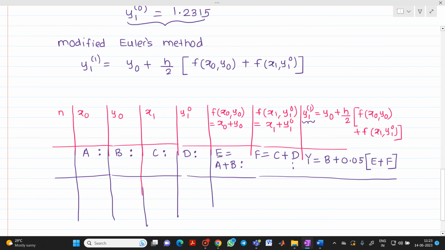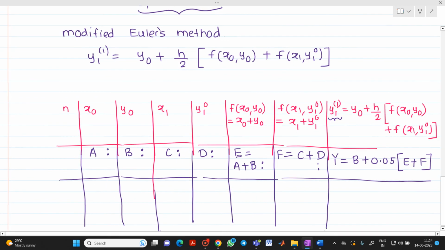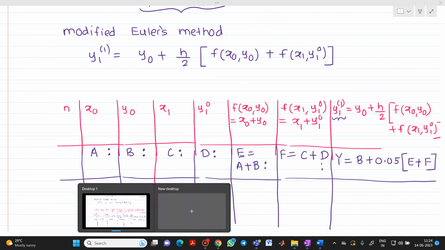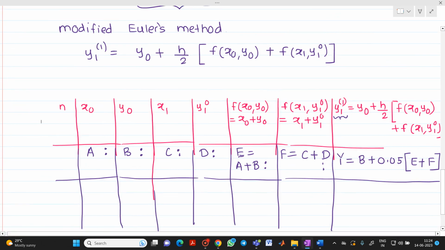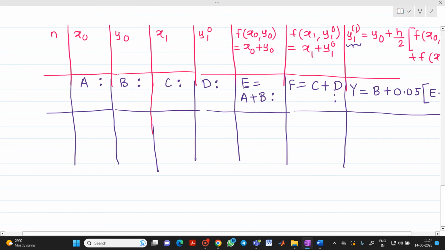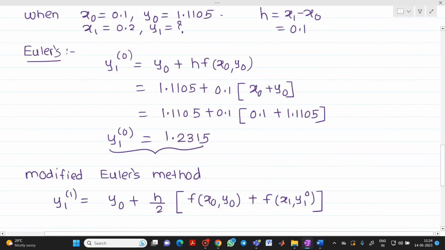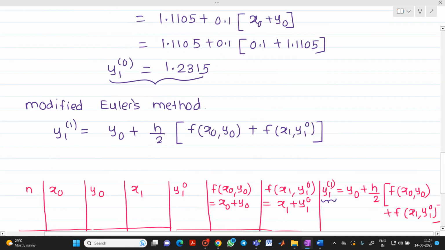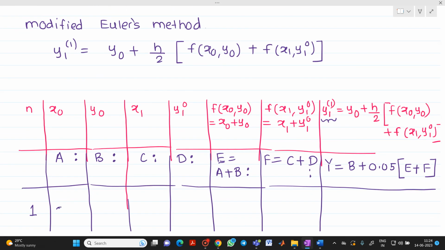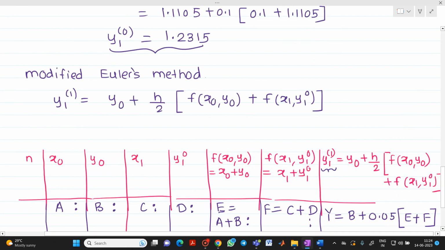So let me use my calculator. Again we have to substitute all these functions. So here, we will start from iteration number 1. Now what is the value of x0 here? In this iteration, the value of x0 was 0.1, so let me write it here. What is the value of y0?